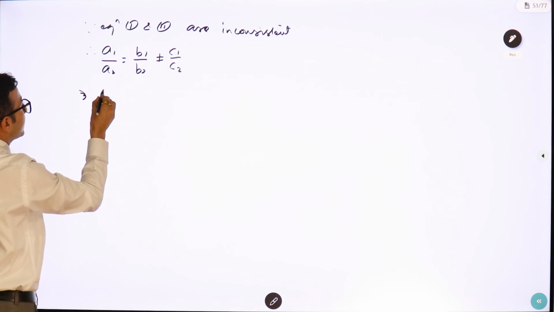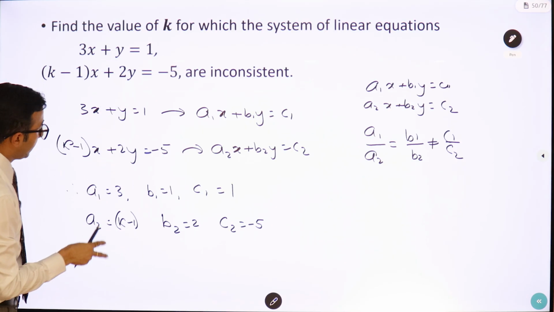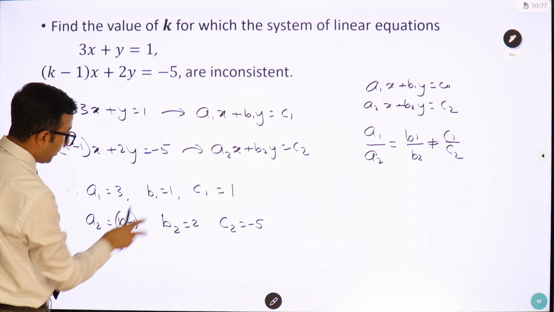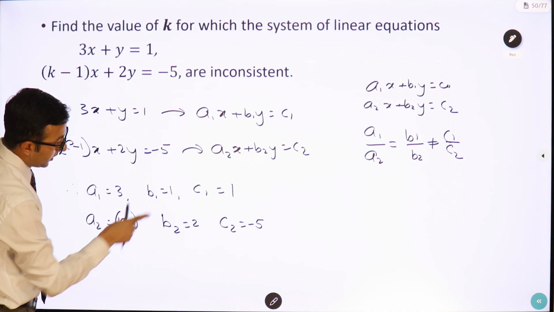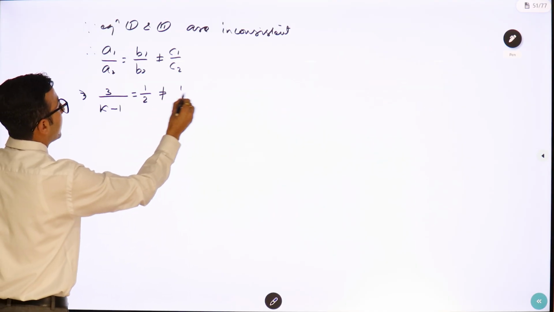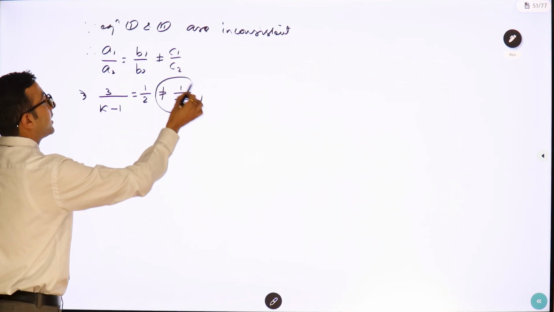So 3 by k minus 1 is equal to 1 by 2, not equal to 1 by minus 5. Now look here, this last part is not needed in this case, we'll remove it.